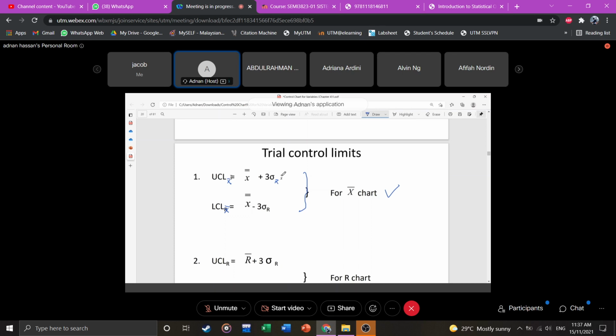For lower control limit X bar, it is X double bar minus 3 sigma X bar, just the opposite of this. This is positive and this is negative. That's all.